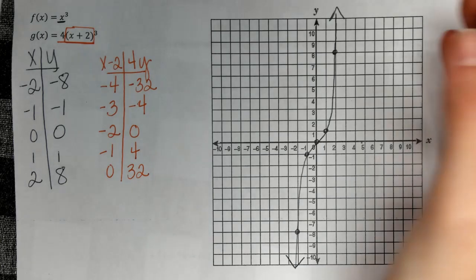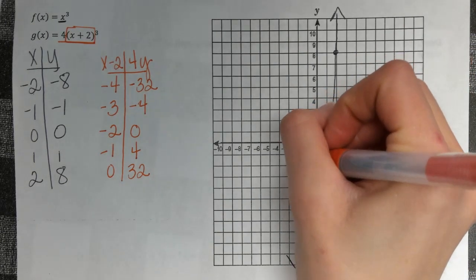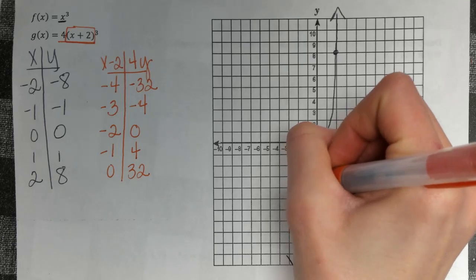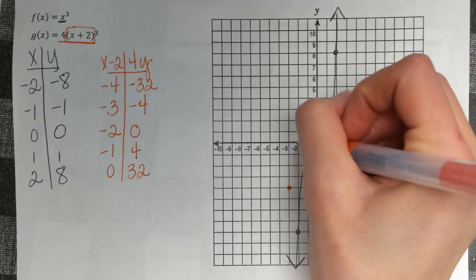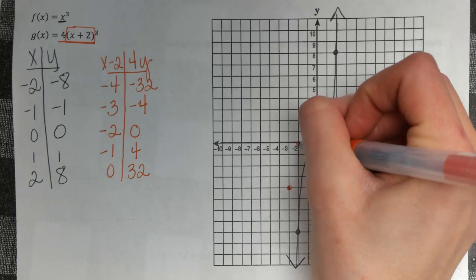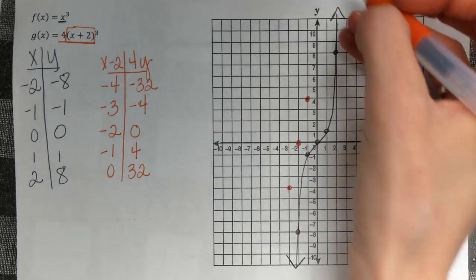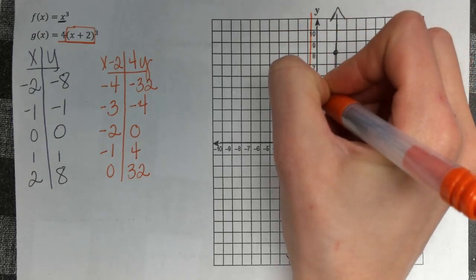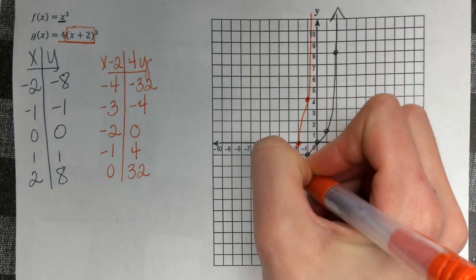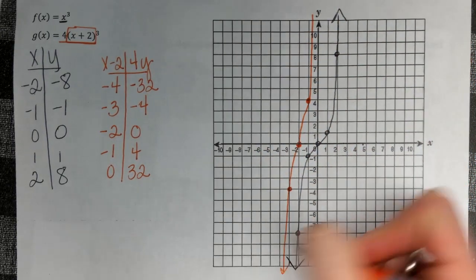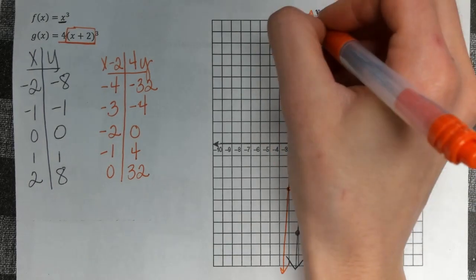Okay? So I'm going to plot my negative 3, negative 4, negative 2, 0, negative 1, positive 4. And I'm going to make that a very straight upward line going forward.